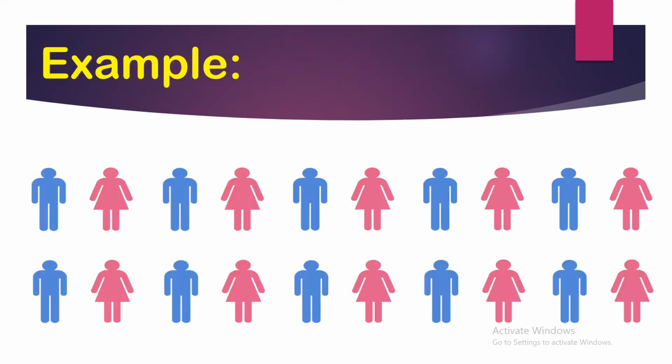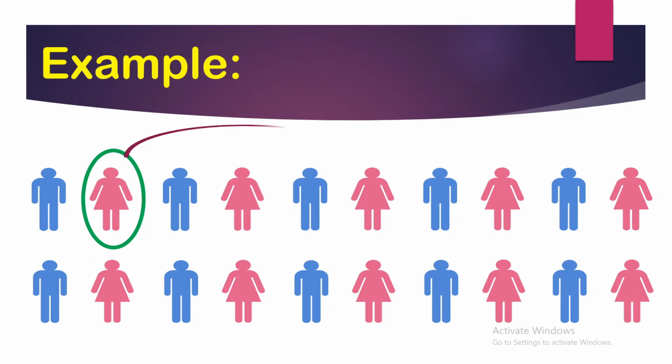If, say for example, again, we have here the 20 members of the population, and we're going to select 5 samples, 20 divided by 5 is 4. Then from 1 to 4, let's say we selected 2. So from the second individual, we take the next 4th individual.